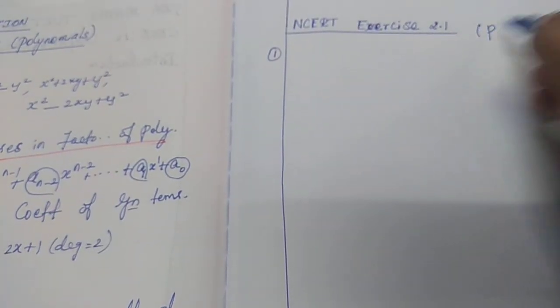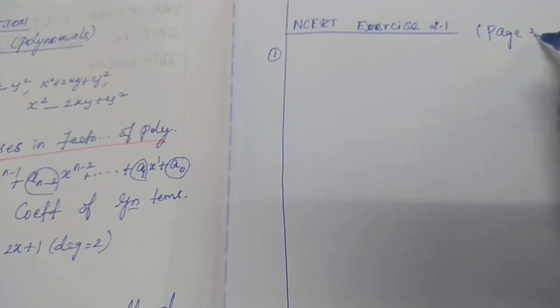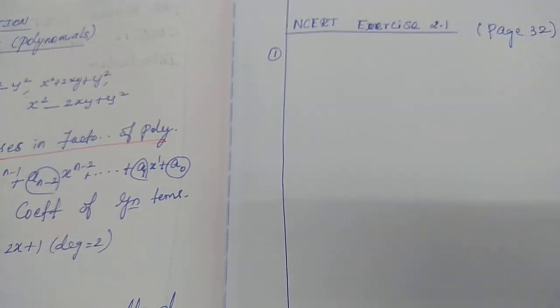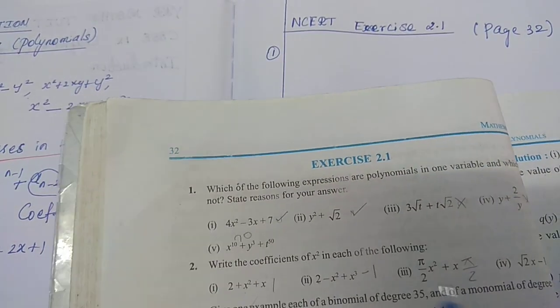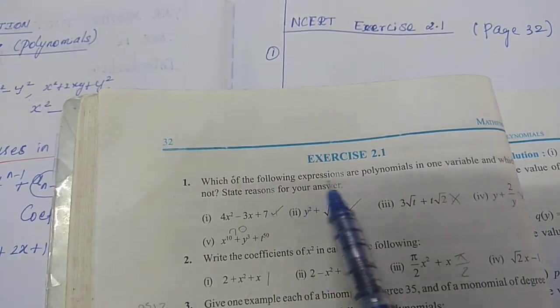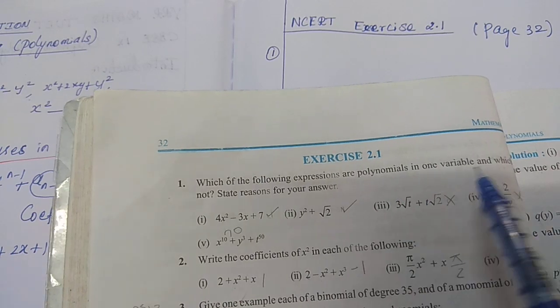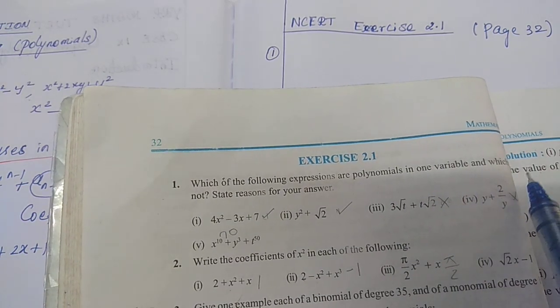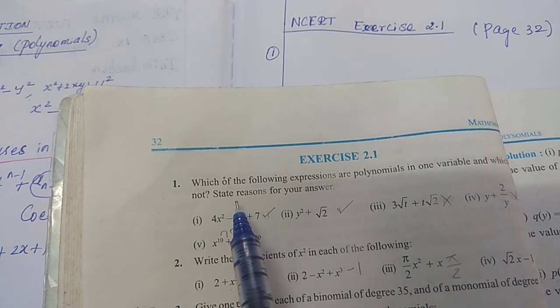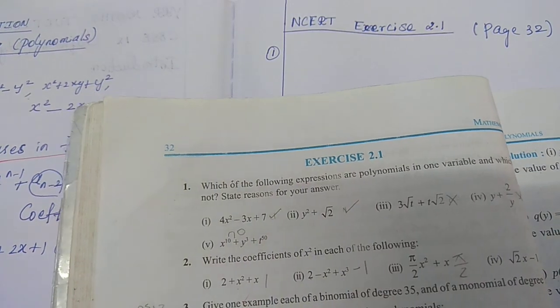So in the NCERT textbook, page number 32. The first question is: which of the following expressions are polynomials in one variable and which are not? State reasons for your answer.